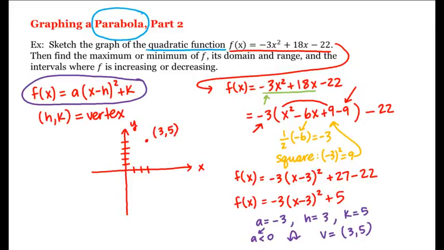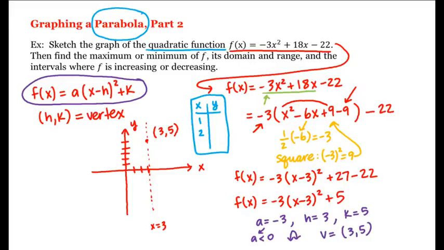And when finding other points, we're going to use the fact that the parabola will be symmetric about this axis of symmetry, namely x is equal to 3. Namely, if we choose x values to the left of 3, like 1 and 2, for example, that's going to give us corresponding values to the right of 3.